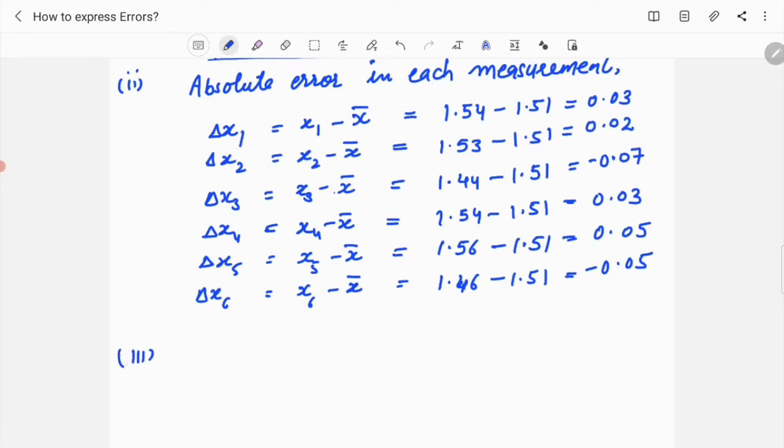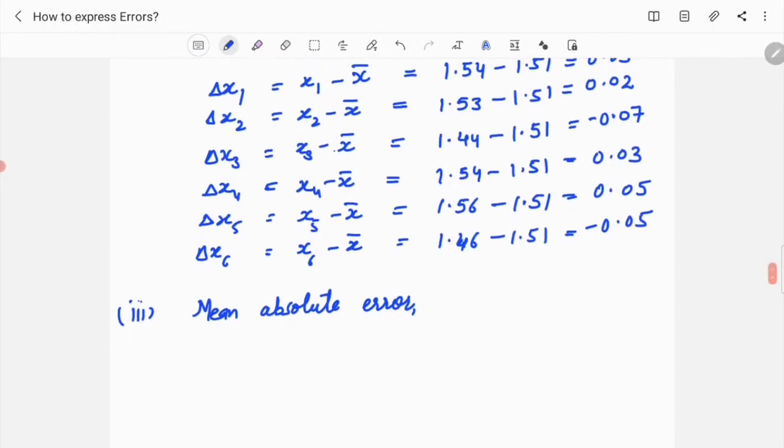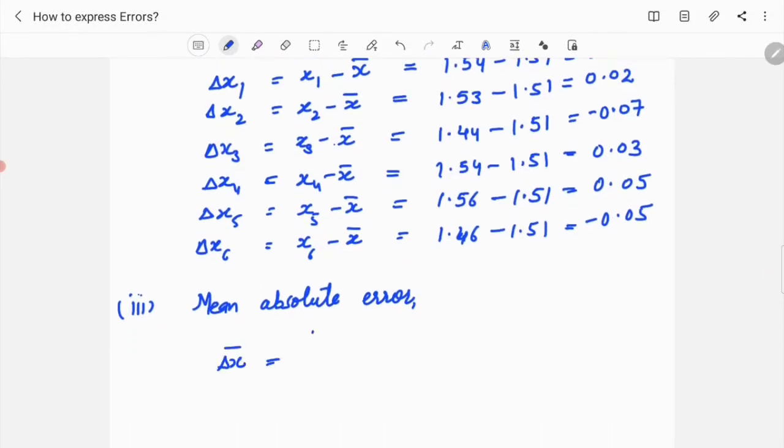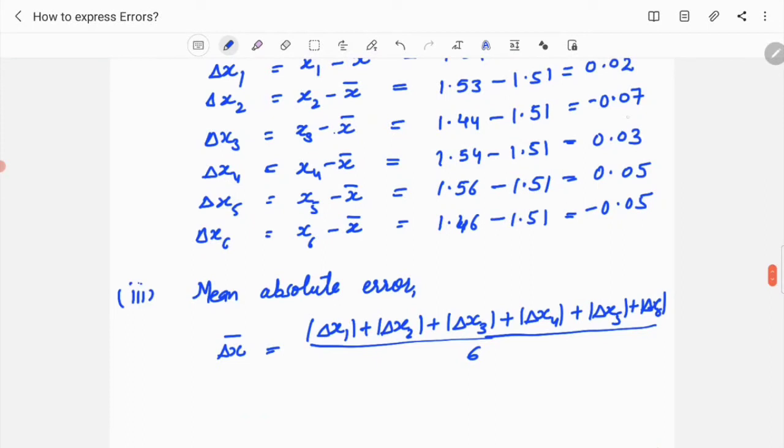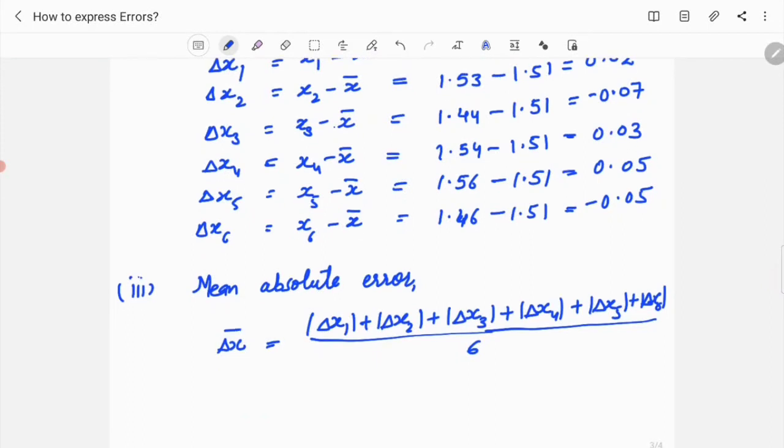Now we will calculate the mean absolute error. The mean absolute error, delta x bar, will be equal to delta x1 plus delta x2 plus delta x3, delta x4, delta x5 plus delta x6, and the whole divided by 6. Here we have taken mod values, that means we will take only positive values, and negative signs we will ignore.